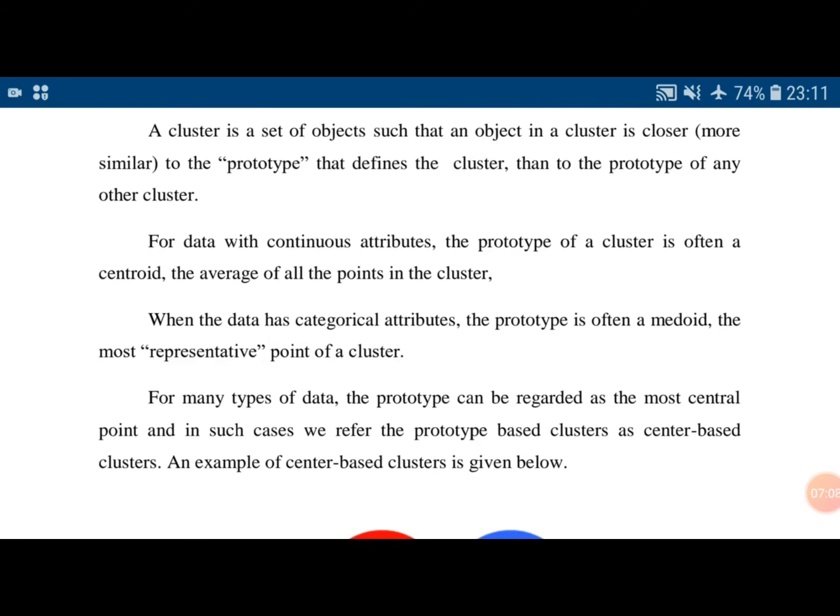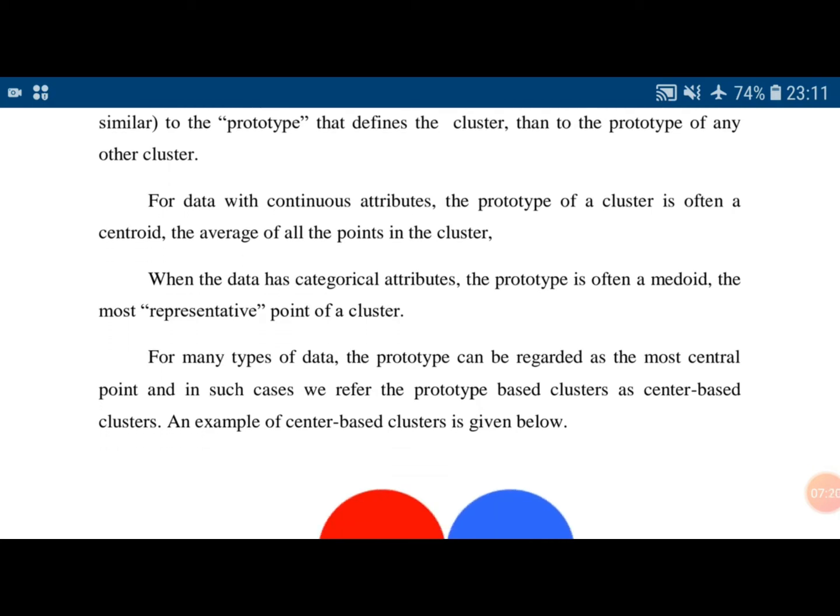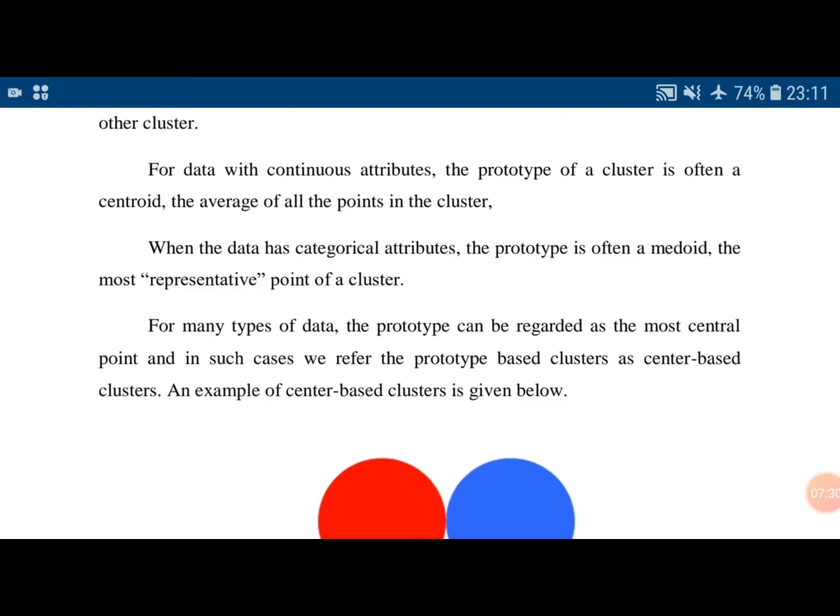So from 1 to 7 or 8, only those values come into one cluster if the centroid value is 4. Like that in categorical attributes, if the data has categorical attributes, then what is the representative point of the cluster?